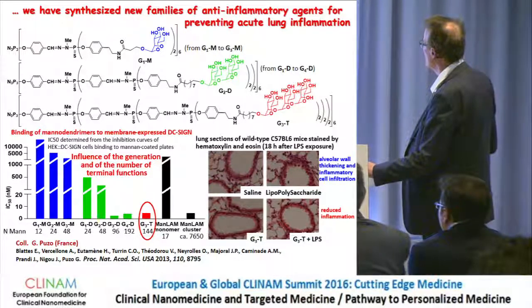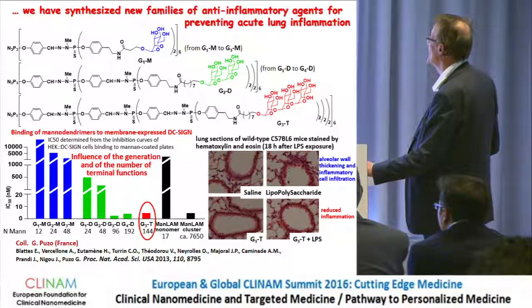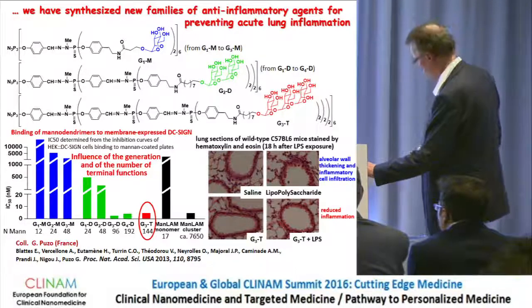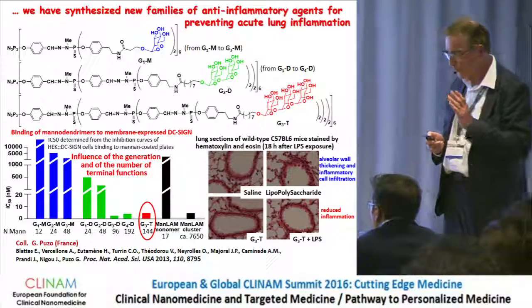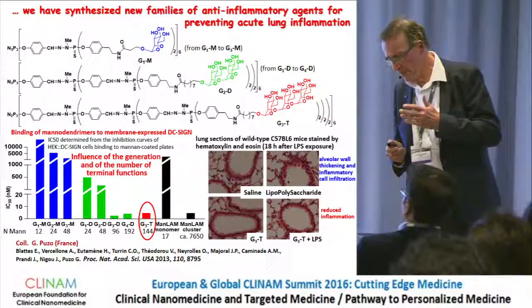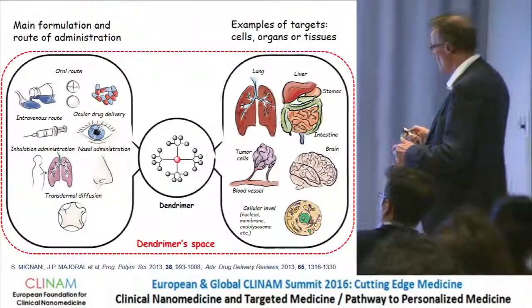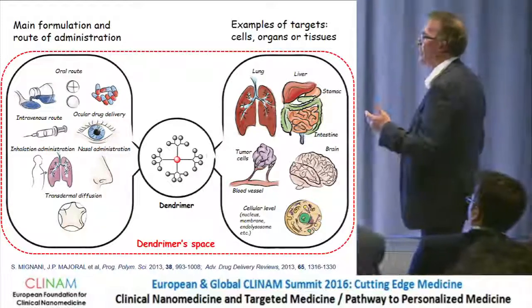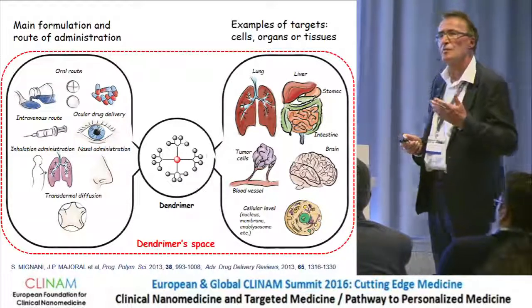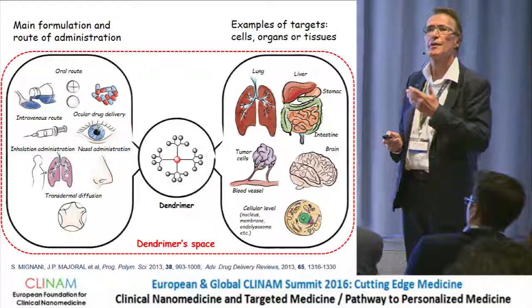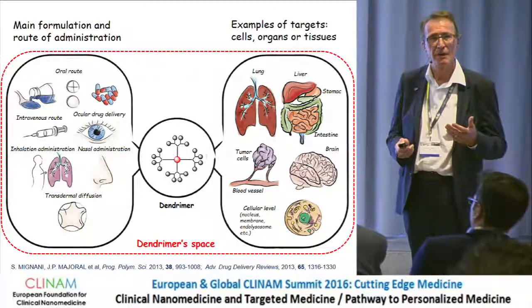So before treatment, you can see the alveolar wall thickening and inflammatory cell infiltration, and after treatment, you can see the reduced inflammation. So through these three examples, my intention was to show you that with dendrimer we can do a different way of administration.